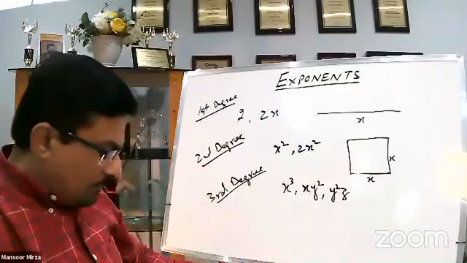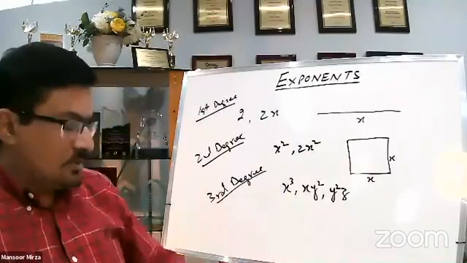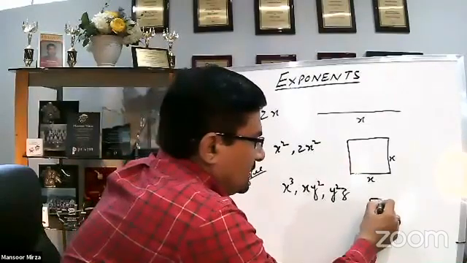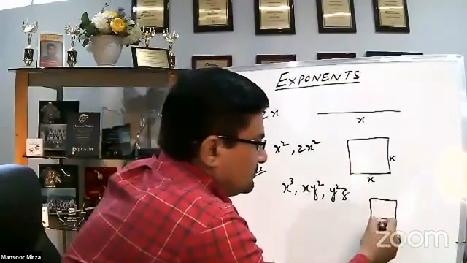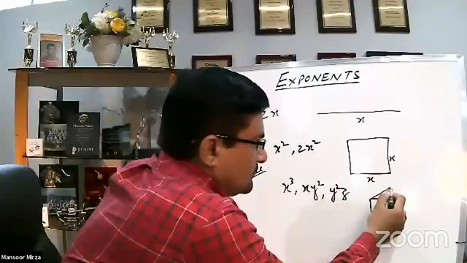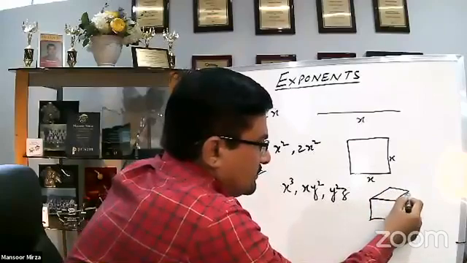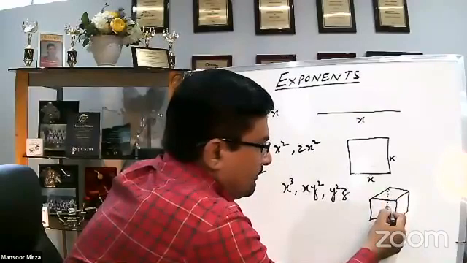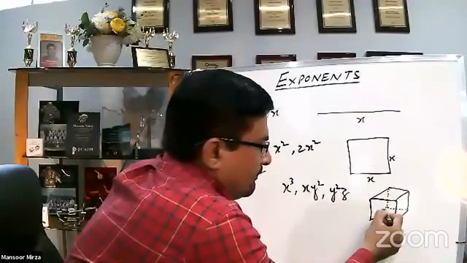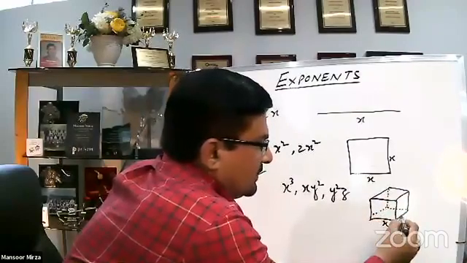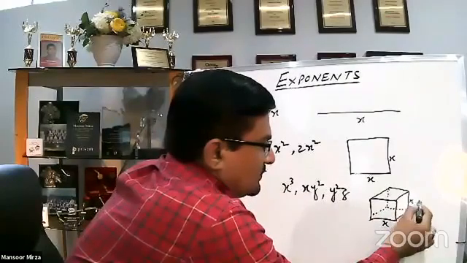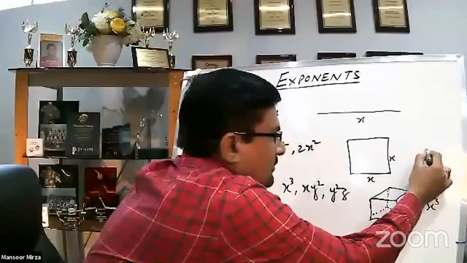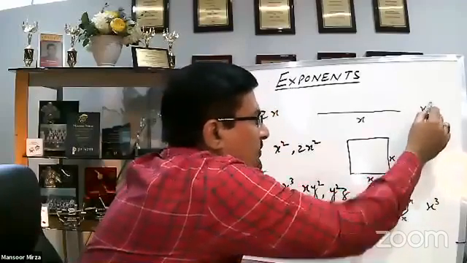These represent three-dimensional figures, and a three-dimensional figure means you can have, for example, let's say a cube. So that's x, x, x. So this could be x cubed. In this case, this could be x squared. And in this case, it was just x.